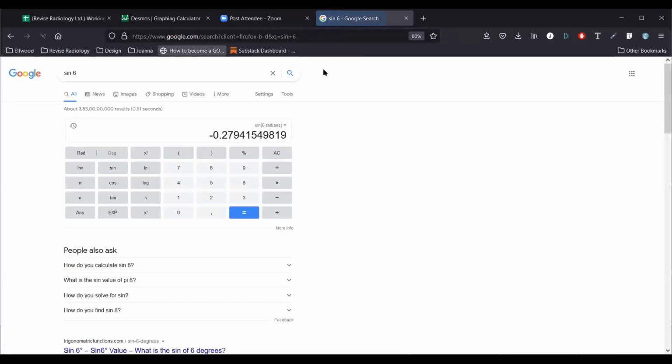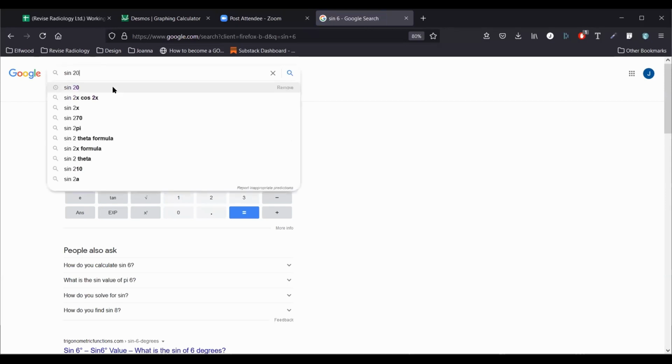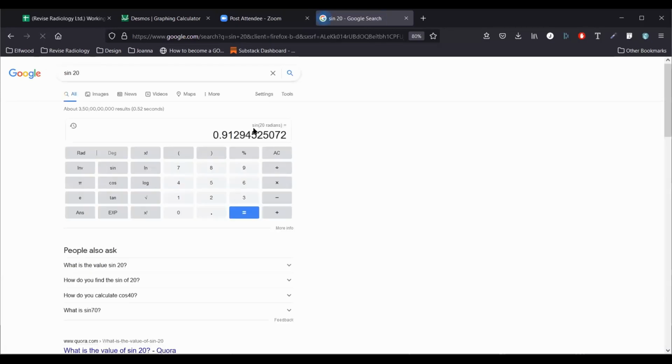You just need to keep in mind the formula that we just looked at. If we look at sine of 6 degrees, we see that it's 0.1, and if we look at sine of 20 degrees, we see that it's 0.34.